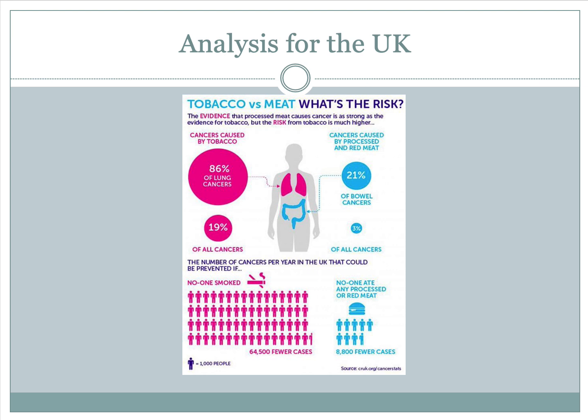So meat is not related to causing nearly as many kinds of cancer and nearly the common kinds of cancer as lung cancer is. So if we look at it another way, research suggests that if no one smoked, there would be 64,500 fewer cases of cancer per year in the UK.